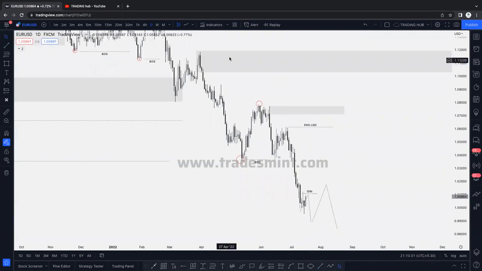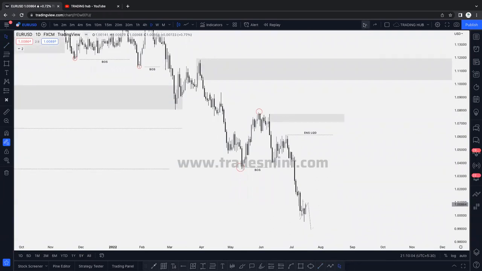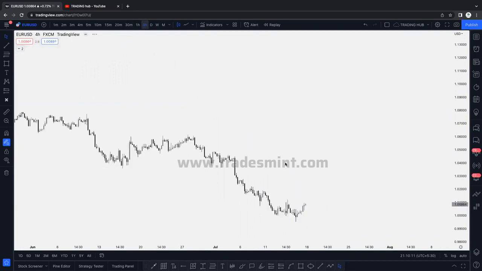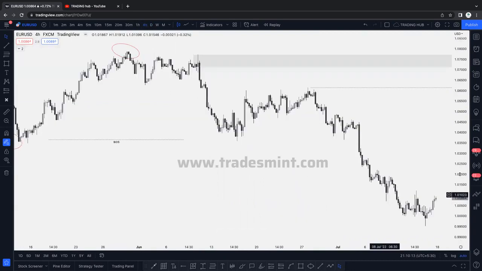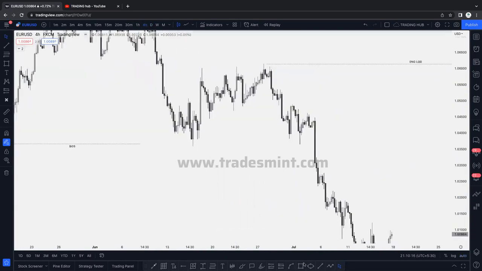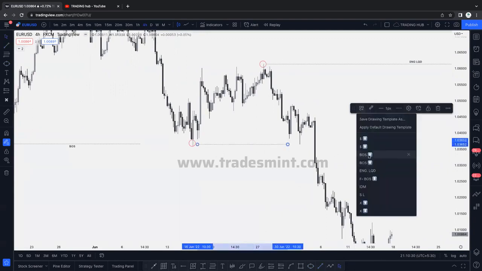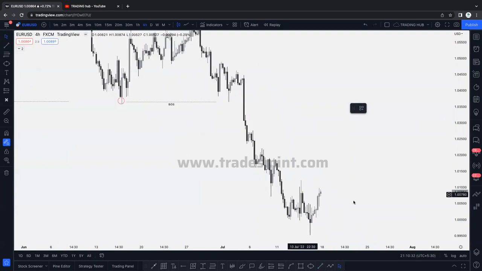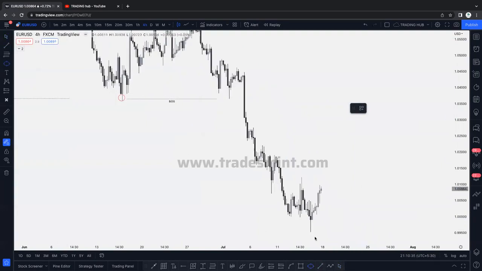Correct. Now let's switch into the 4 hour to see exactly what is happening here. In every time frame, market momentum is bearish. And in a 4 hour perspective, the market is still taking out this high, and this is our major high, and this one breaks the structure right here and pushes downside.